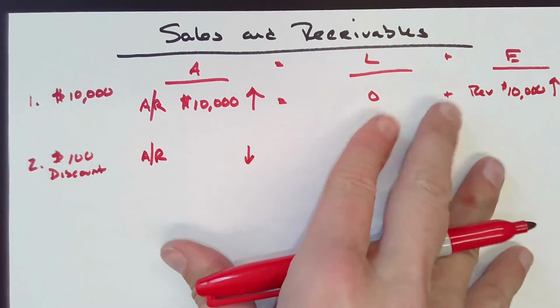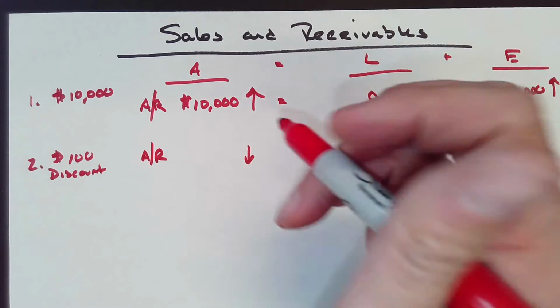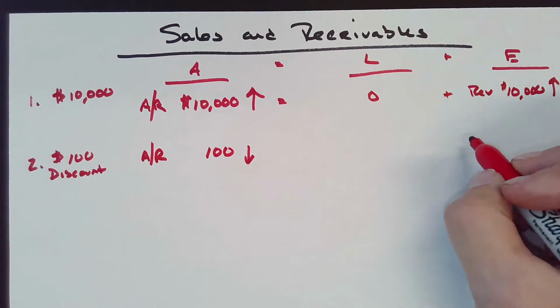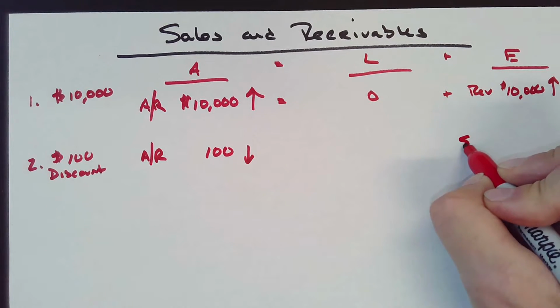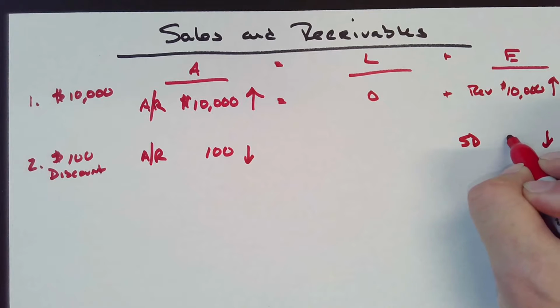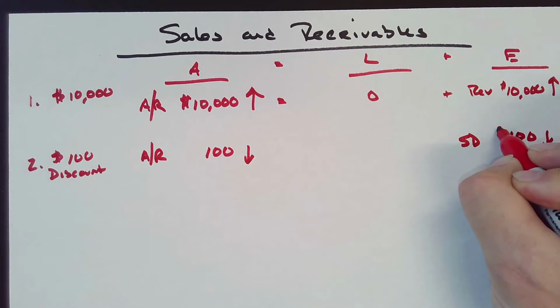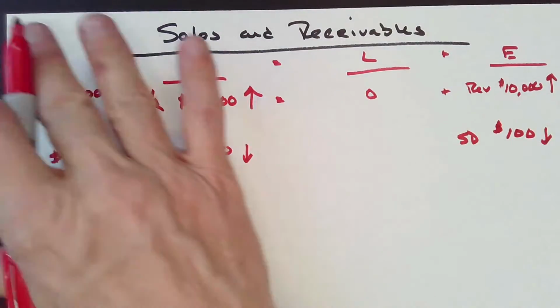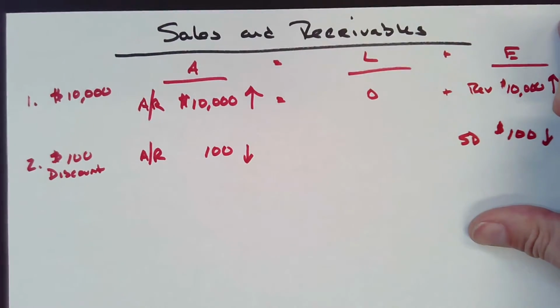The customer does not owe me this $100, and I'm going to end up having an account called sales discounts. Right? It's an expense. That sales discount is going to make my equity go down by $100. On and on and on. So we're just doing this very simple thing.